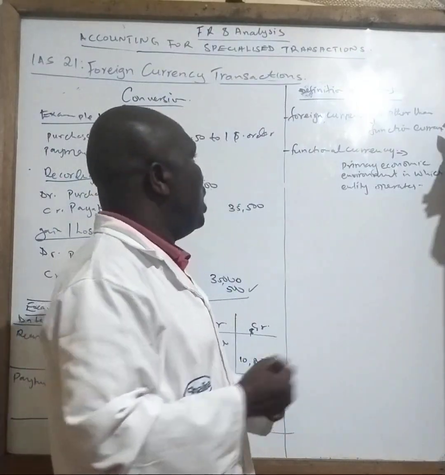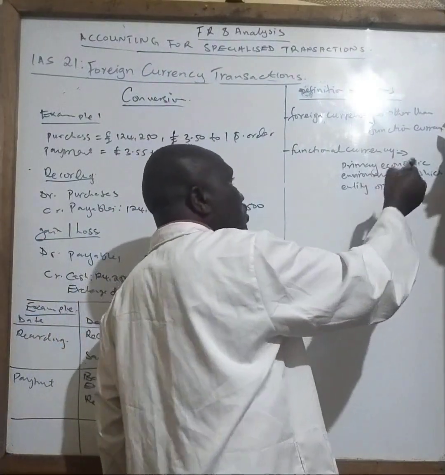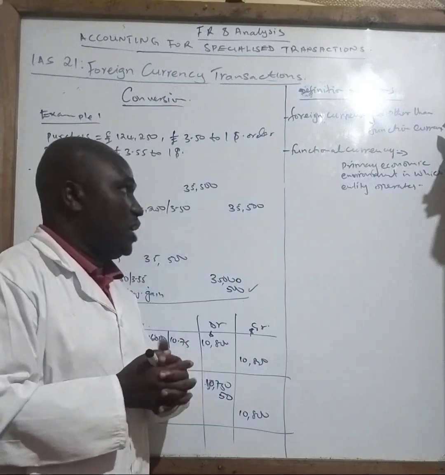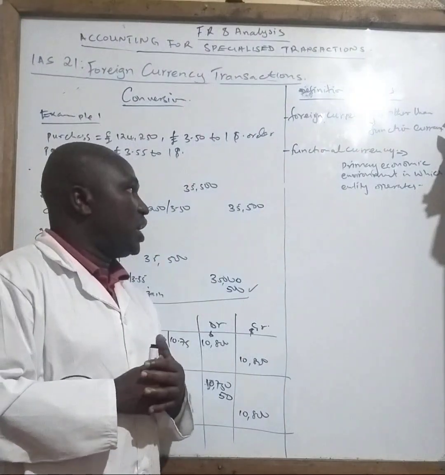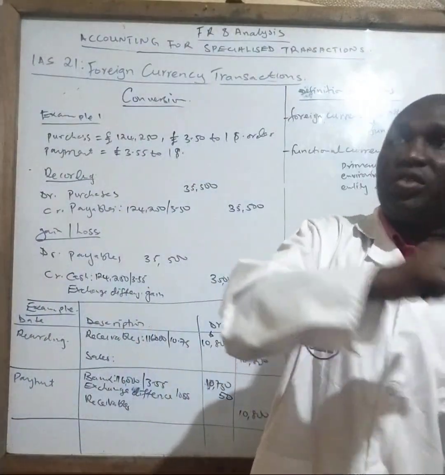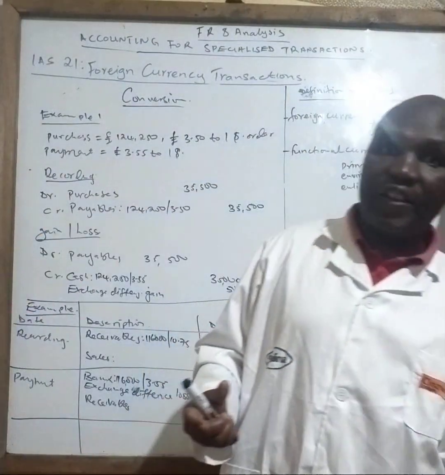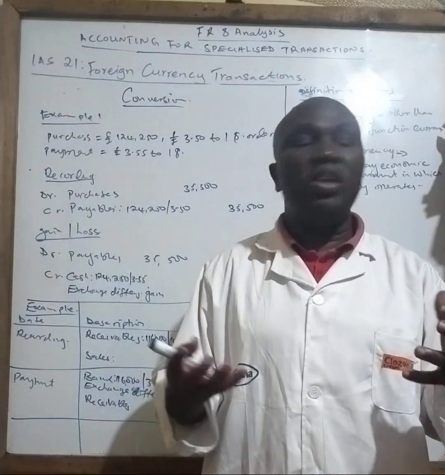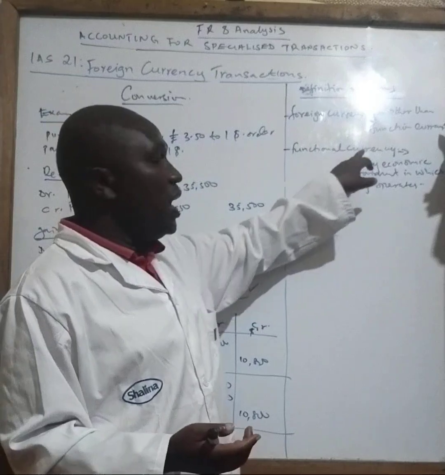That is to say that this particular entity that is operating, maybe it's a subsidiary, a joint venture, or an associate in that particular foreign country. The currency that it is using in selling goods and incurring expenses is what they call functional currency.